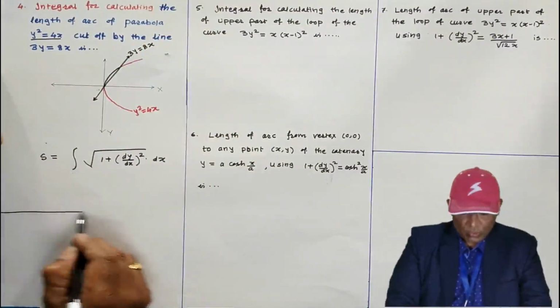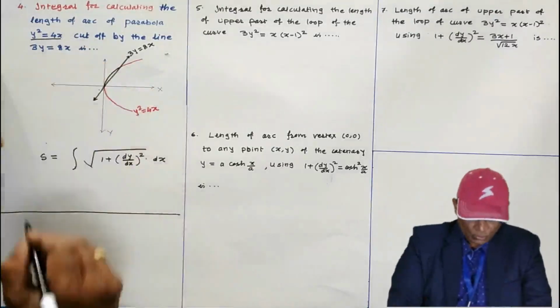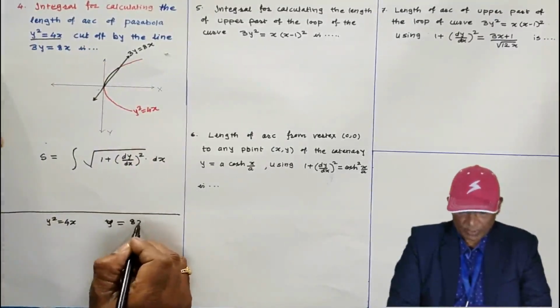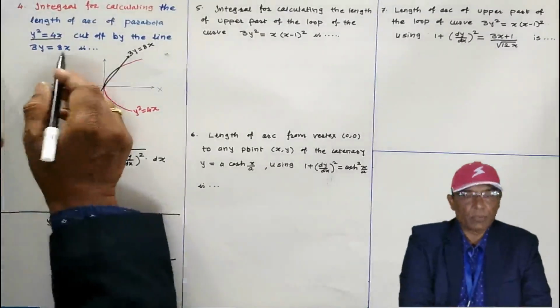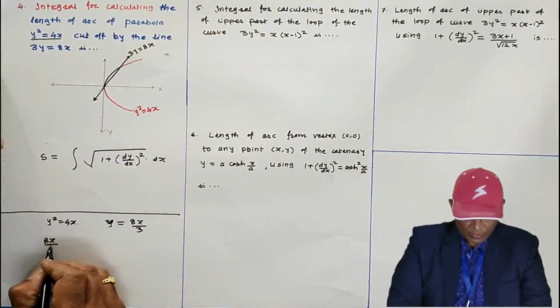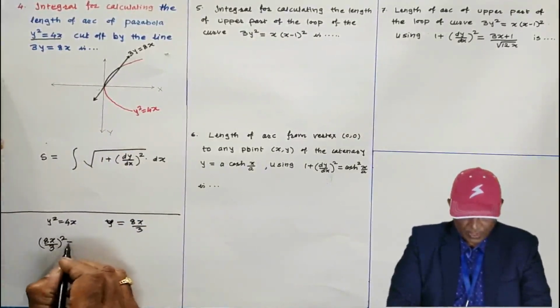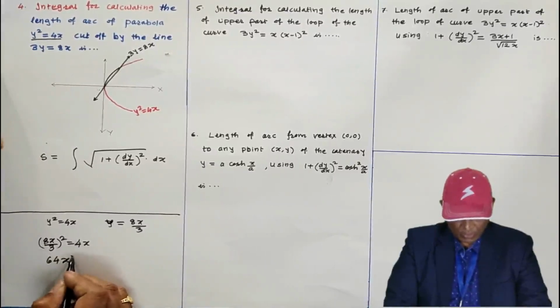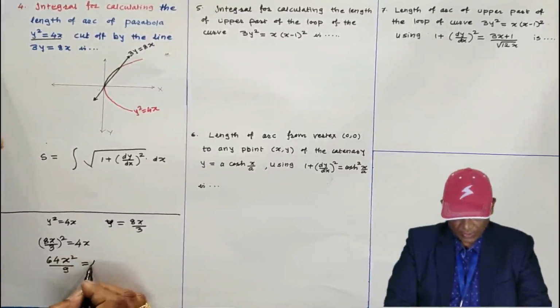Then if I am using this formula, I want the values of x. The values of x you can find by solving these. So y square is equal to 4x, and 3y is equal to 8x means y is equal to 8x by 3. Put the value of y here: (8x by 3) whole square is equal to 4x. 8 square is 64, 64x square by 9 equal to 4x.